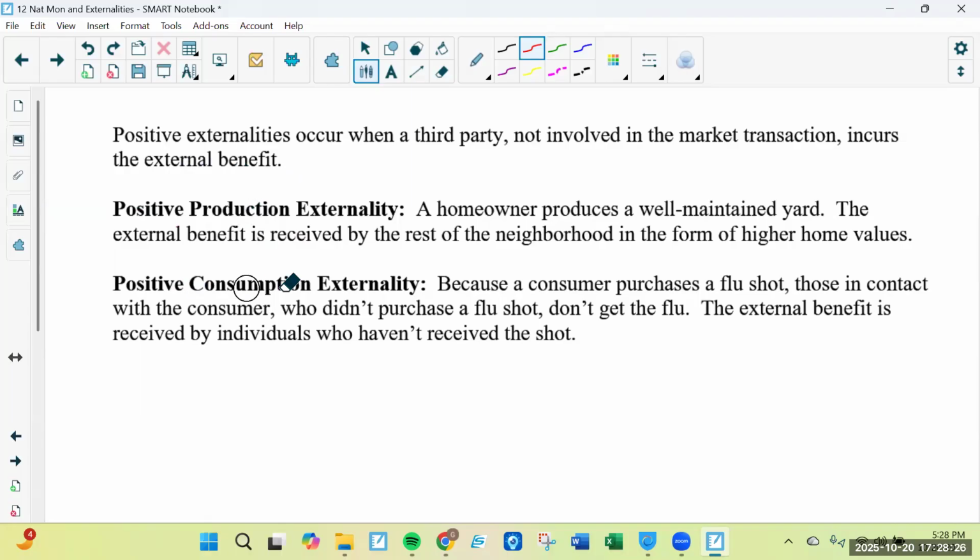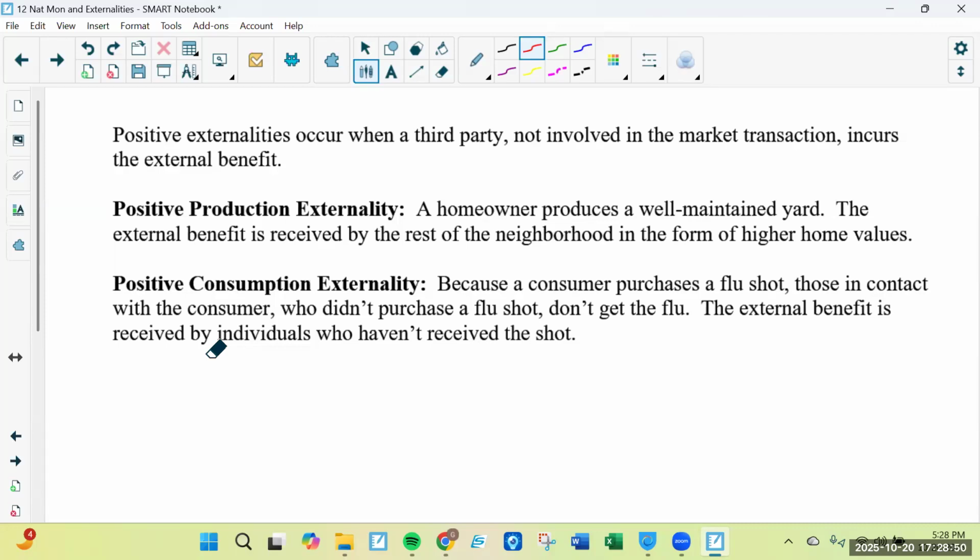Okay, positive consumption externality. I always use flu shots as an example. I always tell my students, please, please, please go out and get a flu shot, because if they get the flu shot, they won't get the flu. And I hate needles, so I'm not going to get a flu shot. And if I don't get a flu shot, but you do, then I'm not going to get the flu because I'm around you all the time. By you getting the flu shot, you're involved in that market transaction.